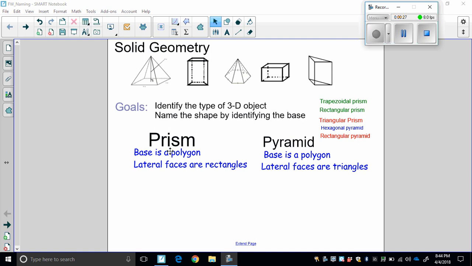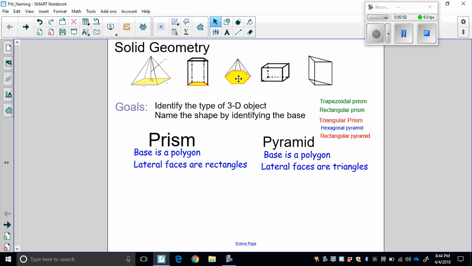And if you look down here, a prism has a polygon base. So you couldn't have a circular base. You'd have to have a base formed like a square, or maybe a trapezoidal base or a hexagon for a base.